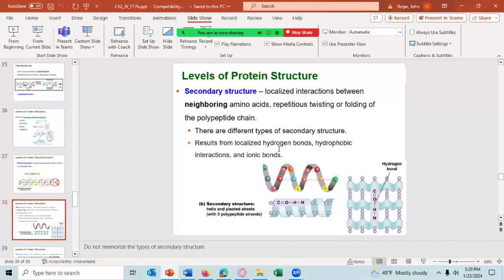There are different types of secondary structure. The video told you there are 2 you need to talk about. There's actually 3. You don't really need to know these, but you can have the alpha helix, which is a shape like that or like that. The beta pleated sheet, which is a shape like this. And then there's the random coil, and let me just go ahead and draw out the random coil.